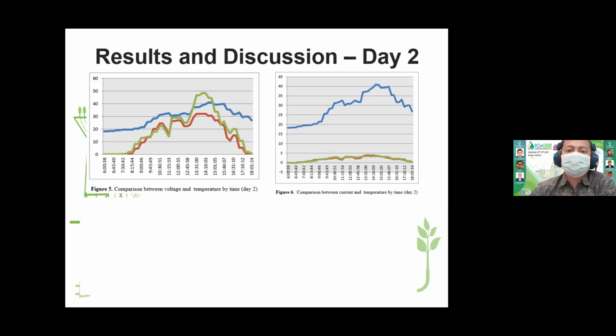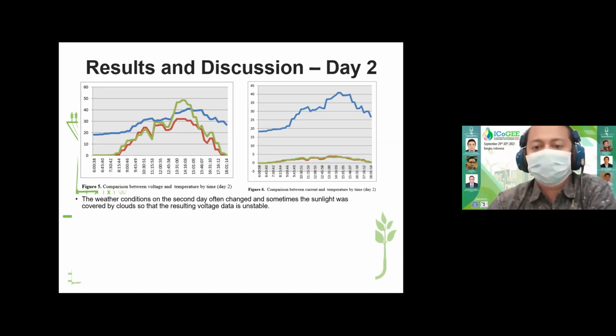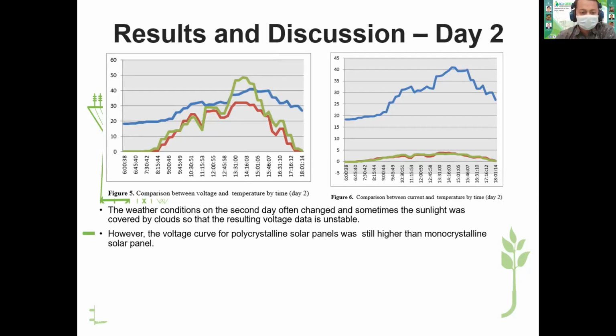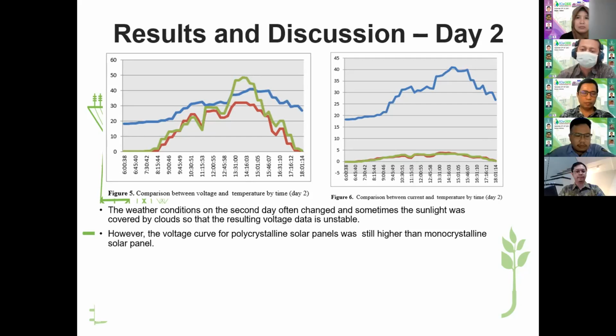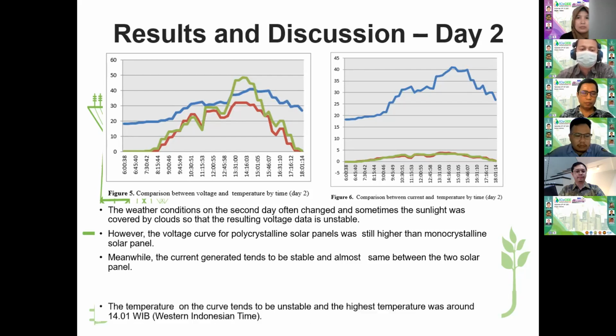On the second day, as we can see in figures 5 and 6, the weather condition often changed, and sometimes the sunlight was covered by clouds, so the resulting voltage data is unstable. However, the voltage curve for the polycrystalline solar panel was still higher than the monocrystalline solar panel. Meanwhile, the current generated tends to be stable and almost the same between the two solar panels.